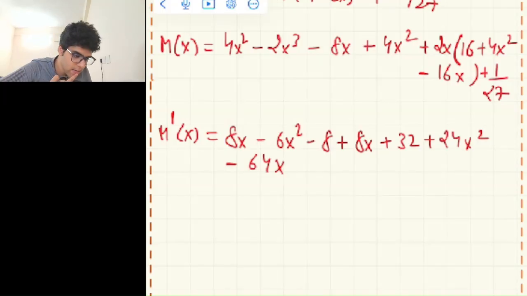So this becomes minus 64x plus 1 upon 27, this would be 0 because this is a constant, right? So I'd be equating this to 0.